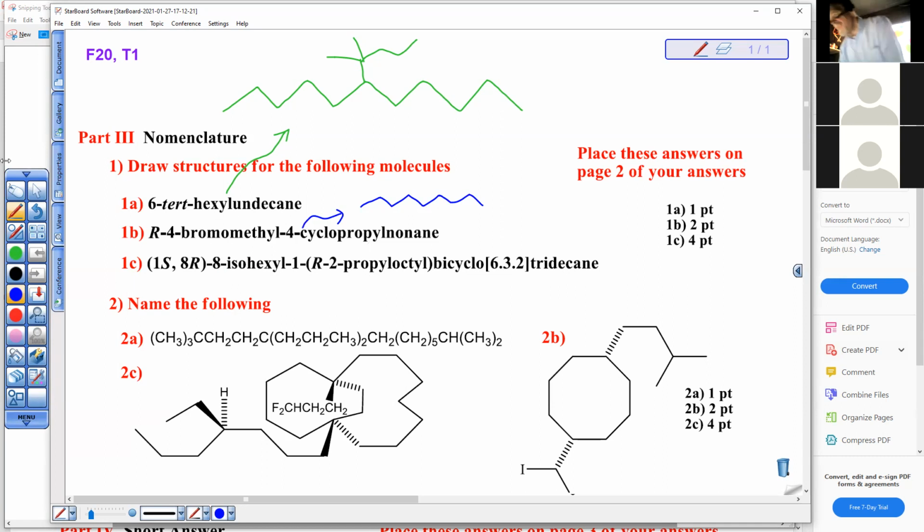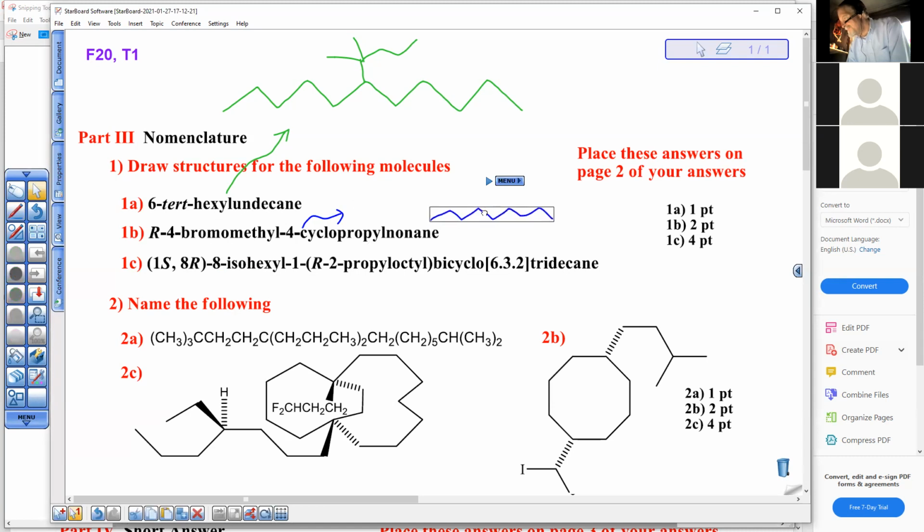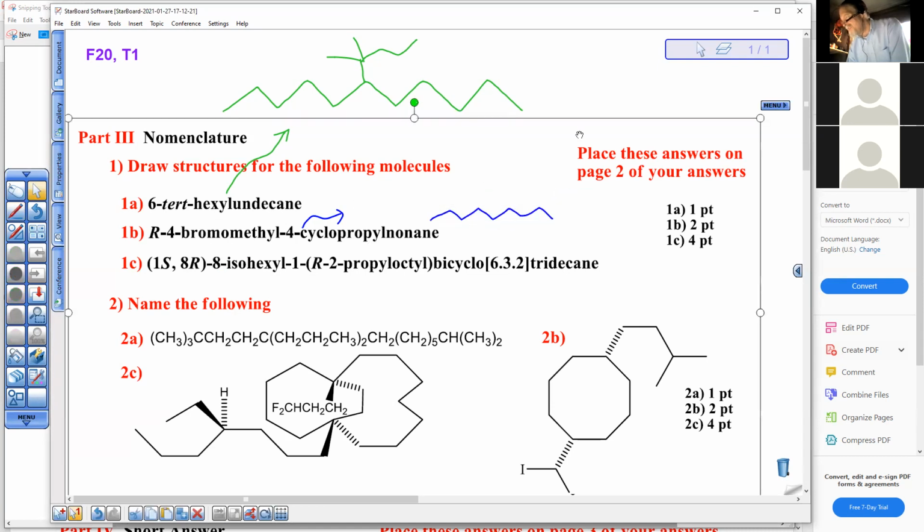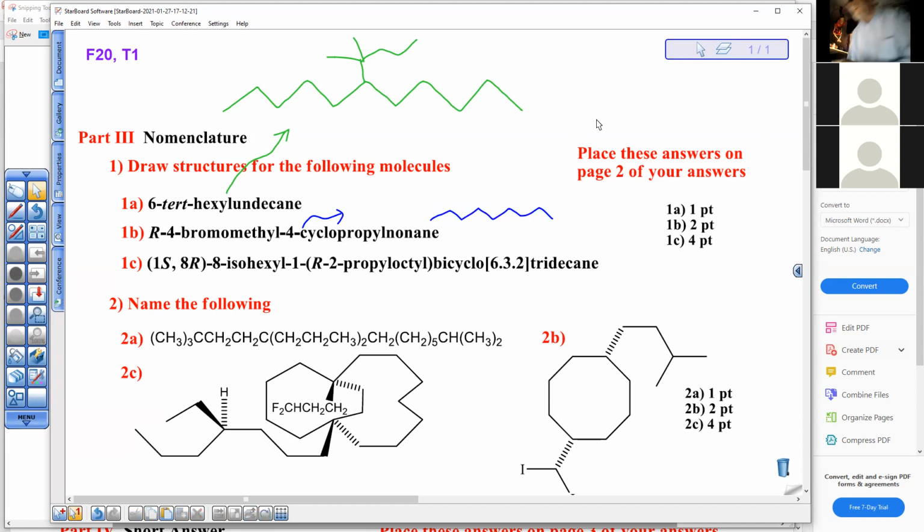Cyclopropyl. How do you draw a cyclopropyl? A triangle. Yes, you draw a triangle. Now be careful how you do that. Once again, off carbon 4, we're going to draw the cyclopropyl. I don't worry about wedges and dashes till I figure out my R and S. Now don't draw the triangle like this. I've seen this hundreds of times and students have lost points every one of those times. They say, oh, I just drew a triangle like you said.